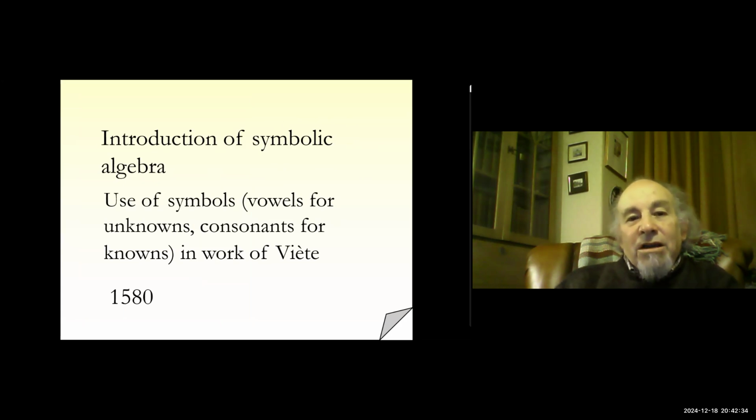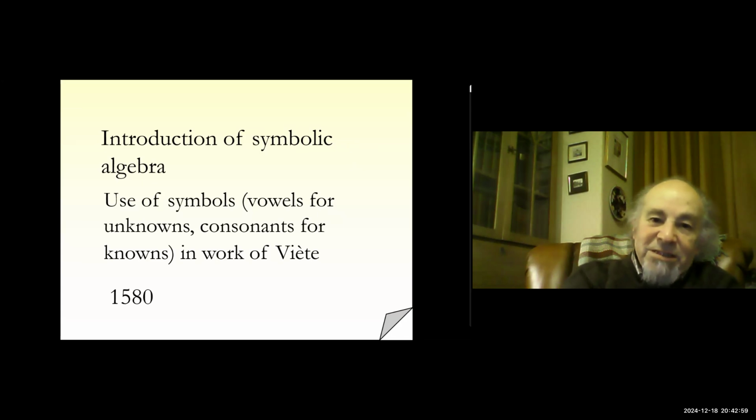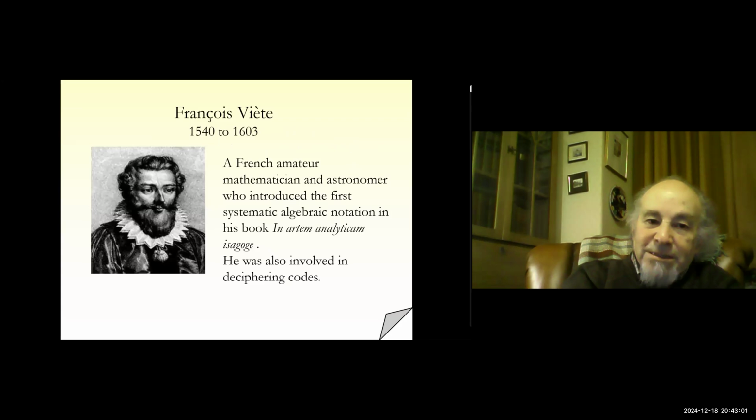We don't have it beginning to look anything like the algebra we have now and teach in our classes until the 16th century, where the idea of using letters for numbers began. One of the earliest versions is by the French mathematician Viète, at the end of the century.